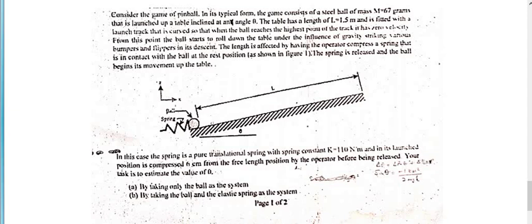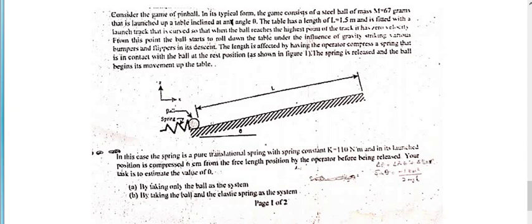This is the figure, as we can see, that represents the information given above. This is a ball, this is a table, this is the length, and the ball is thrown off at an angle theta with the horizontal.